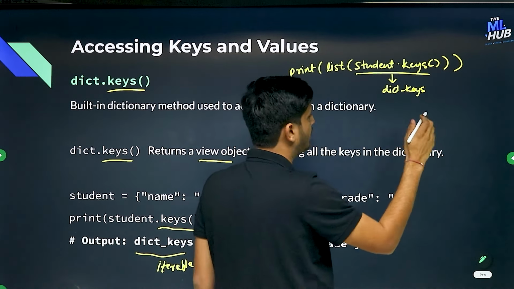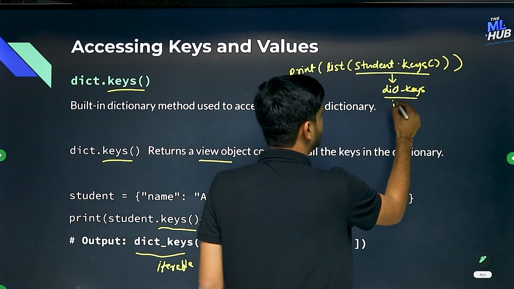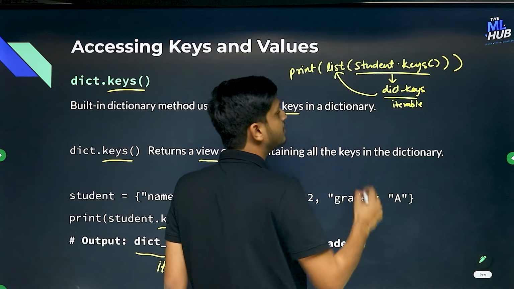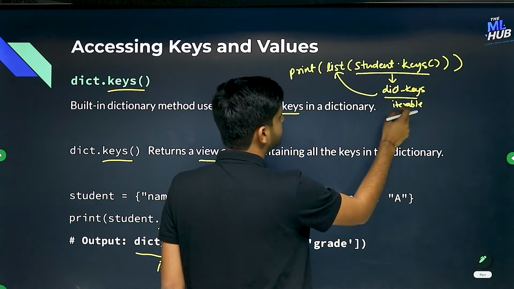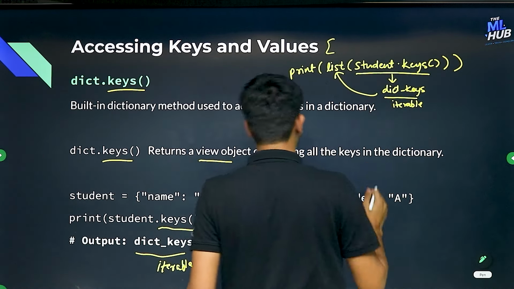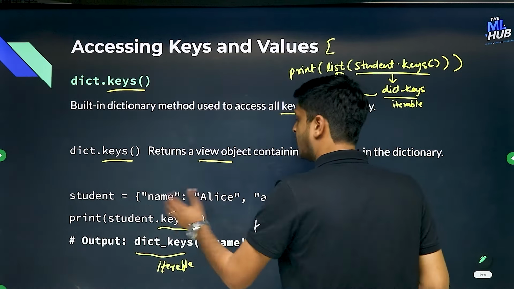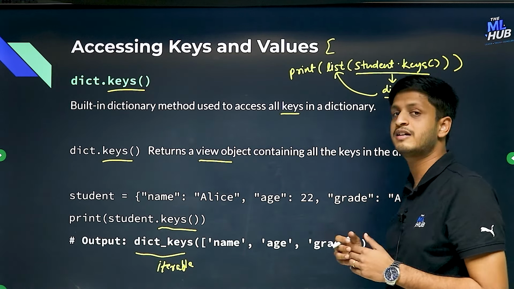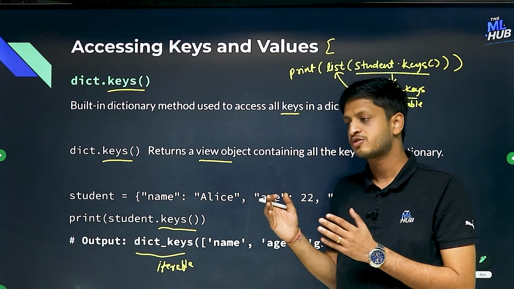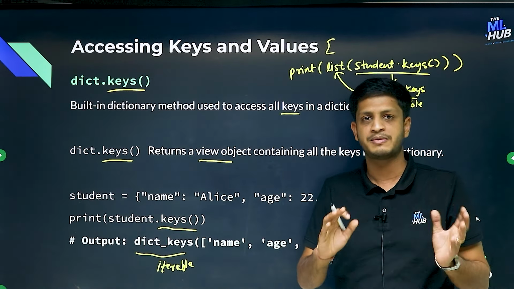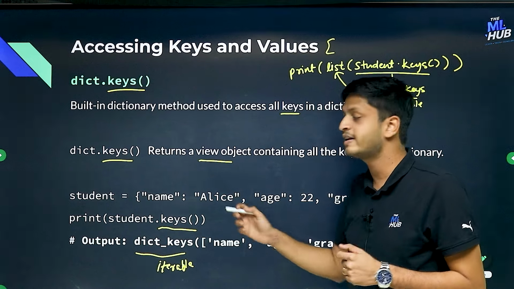Don't worry about it right now. But it is iterable, so you can convert any iterable into a list using the list constructor. So if you pass this iterable to a list, now it will be converted into a list. So now a list will be printed with the keys in that order. First is name, second is age, and third is grade. Since dictionaries are ordered after Python 3.7, if you're using an older version of Python, then the order is not guaranteed.